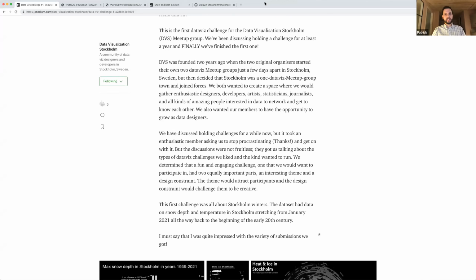The design constraint we had last time was a two-tone color scheme, so only black and white. We had 5 participants for this challenge, and 3 of them will be talking about it here. And we had this one visualization that Alenka did, and she's part of it here.